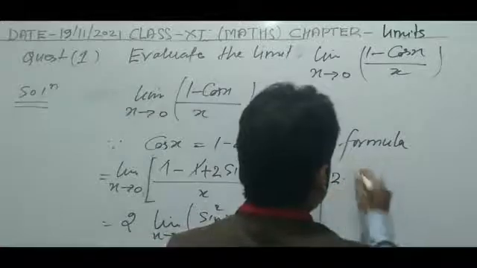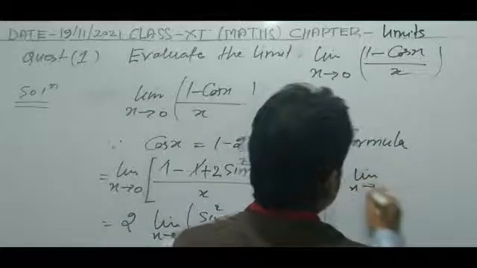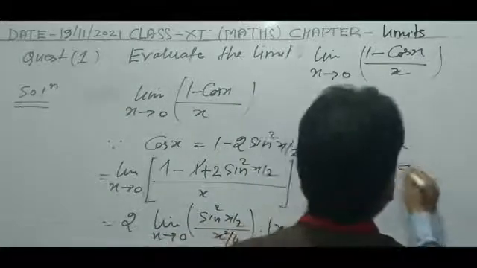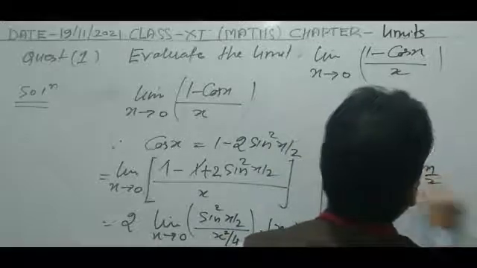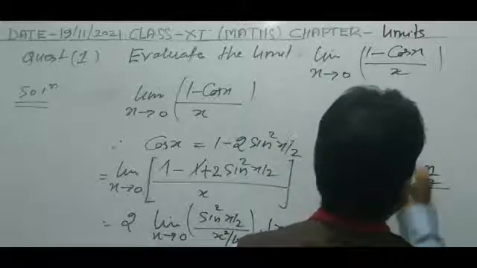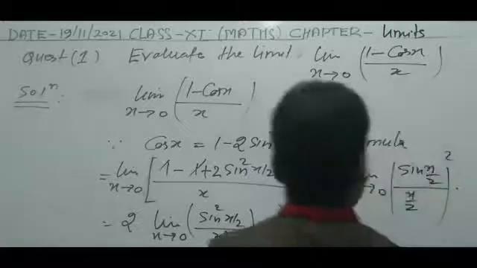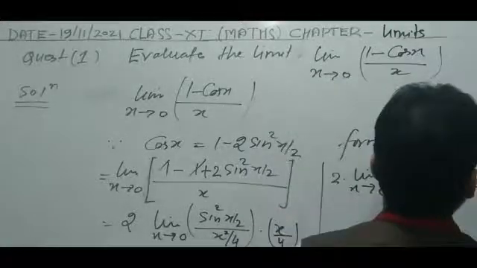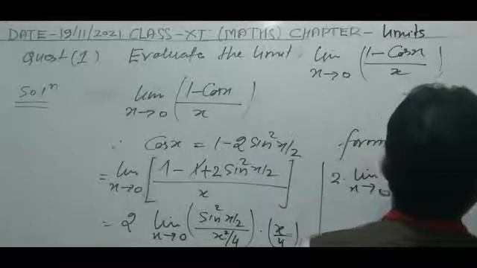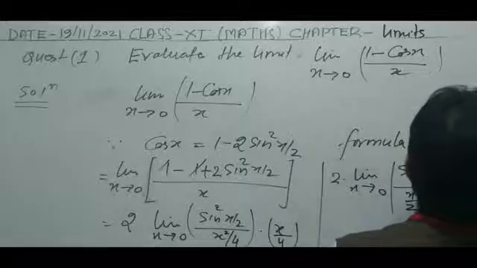Now these steps we can write 2 times limit x tends to 0 sine of x by 2 whole upon x by 2 whole square into limit x tends to 0 of x by 4.